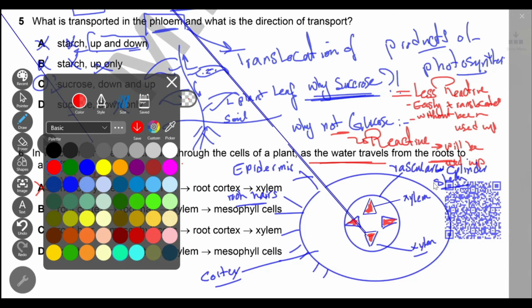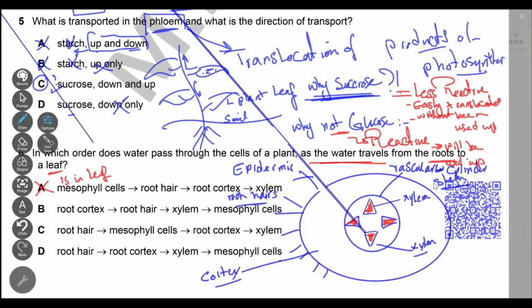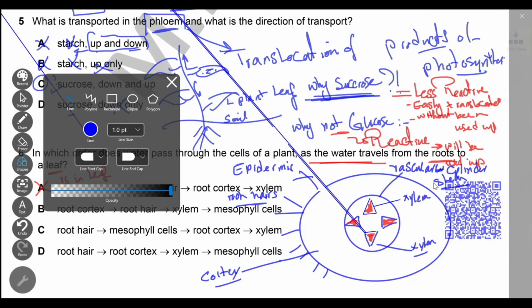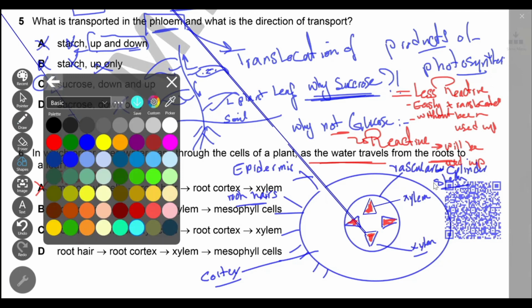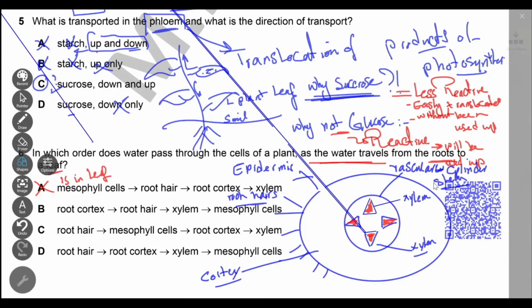I'll draw them in this lighter color, for example. It's not drawing as I want, but I need it to be like this. Those are the patches of the phloem. Here is the phloem.